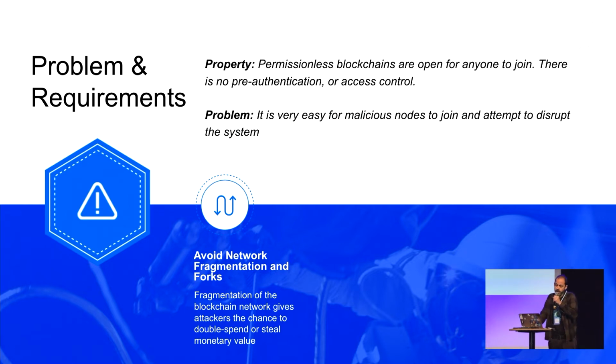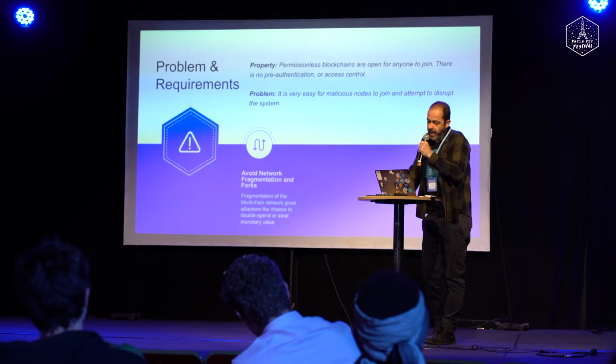It needs to avoid network fragmentation and forks, because if we have network fragmentation, not every peer in the network is seeing the same state, and therefore we have forks and people see different things, and the world blows apart basically.